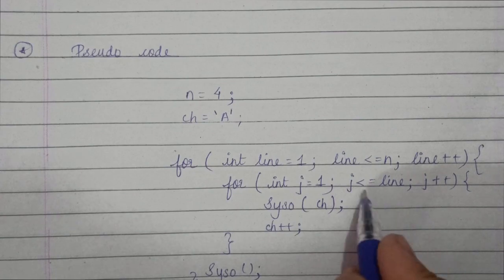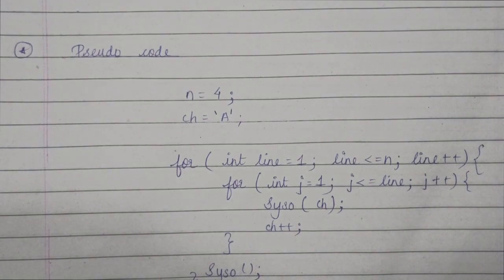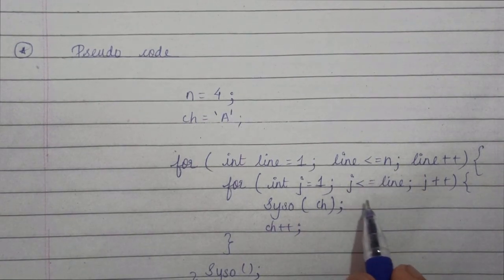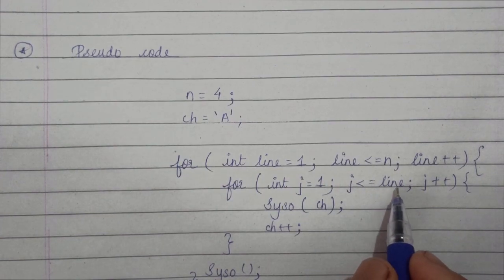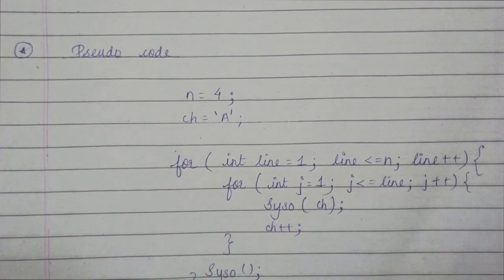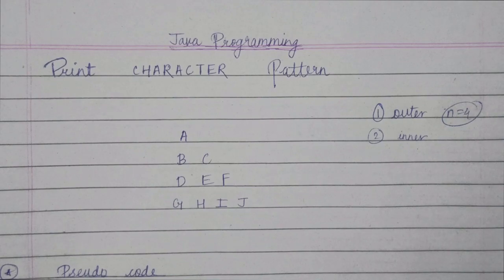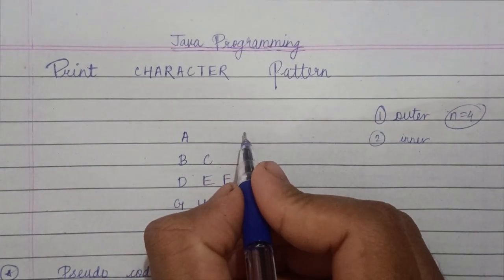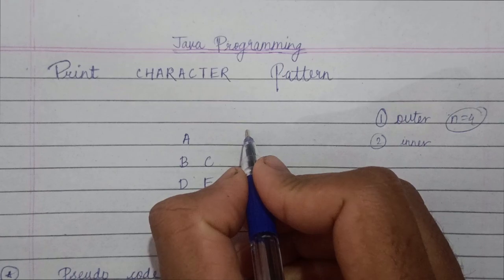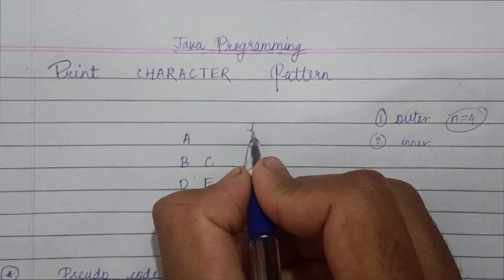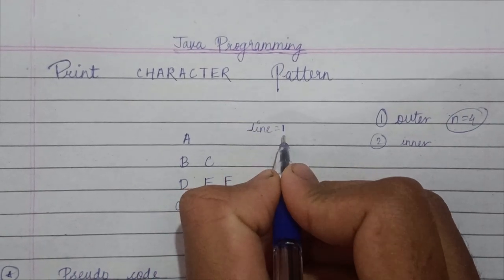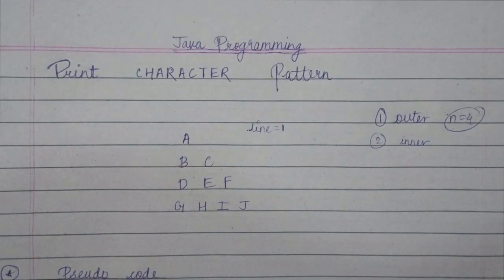So what is the logic behind printing while j is less than or equal to line only? Let's see that. As we come here, the line is 1. How many characters do we have to print? j means how many characters we have to print.